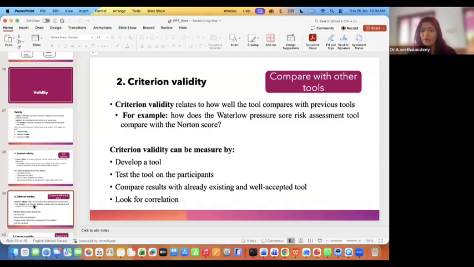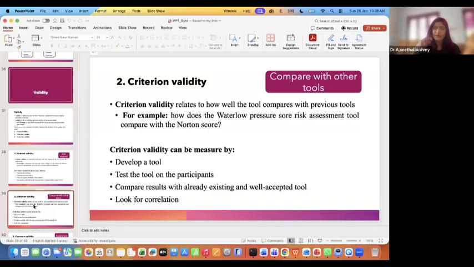Is there a significant correlation? Well and good, Ranjita's is acceptable. Is there somewhere it deviates? How much does it deviate? Why? You have to find out, correct it, and come back again. So that is what is called criterion validity.